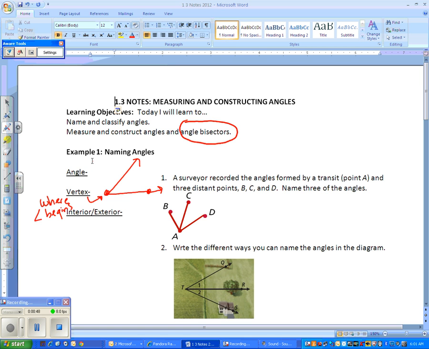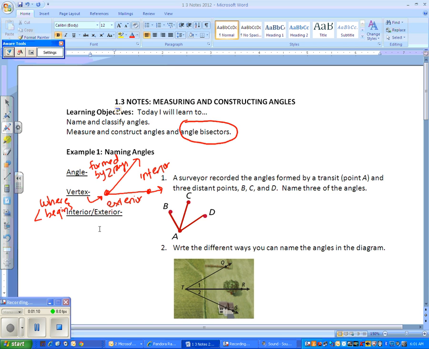And an angle is formed by two rays. If I wanted to talk about the interior of an angle, that's all this space inside. If I wanted to talk about the exterior, that's all this stuff outside of the angle. So this will be helpful when we're talking about some vocabulary.